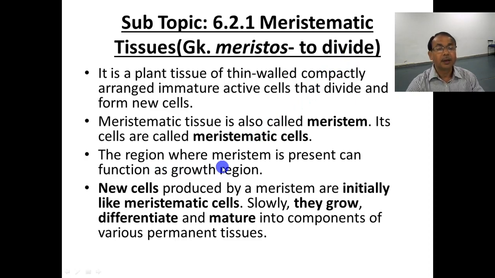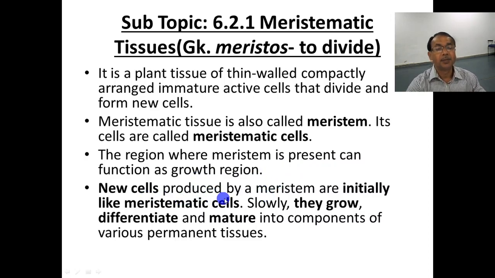The region or the place where meristem is present can function as growth region, because the cells are dividing, the number of cells will increase. So in those regions, growth will take place. So the region where meristematic tissues or meristematic cells are present, or the regions where meristem is present, can function as growth regions.